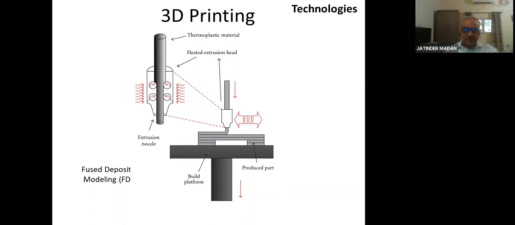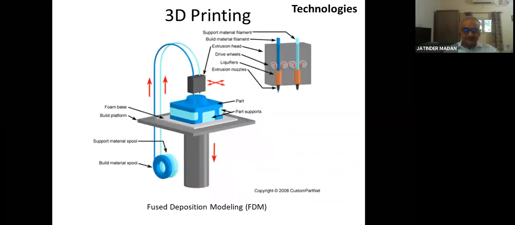Okay, and this is the fused deposition modeling, where instead of one roll, you have two filaments, and what you can get here is multiple colors. So instead of one color you have two colors. You can manage that, because when you have the CAD model with you, you have provided the color information.